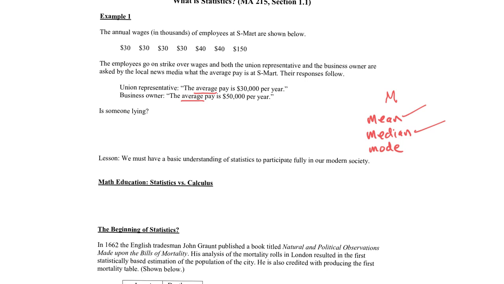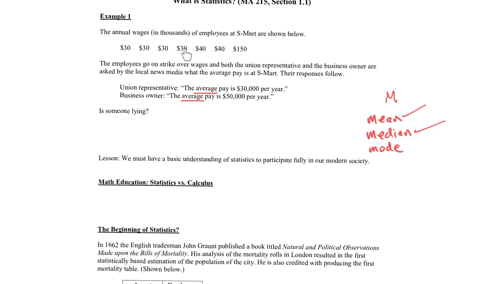So for right now, the median is where you line up all the numbers in a row, from smallest to largest, and the median is right in the middle. So this is the number in the middle.